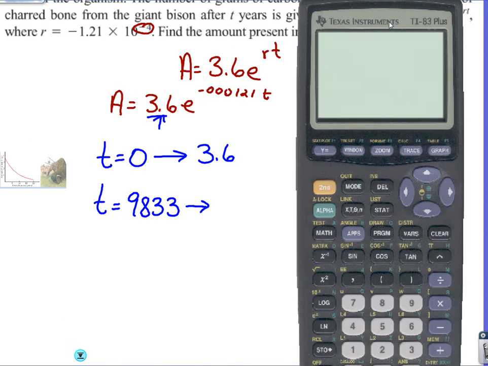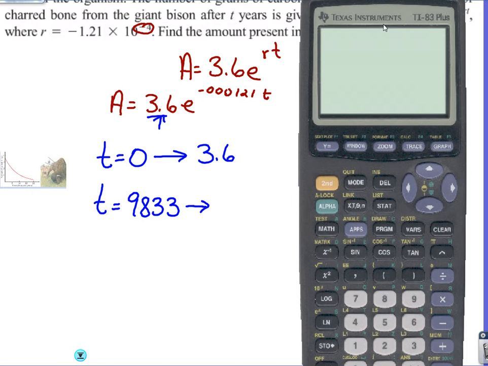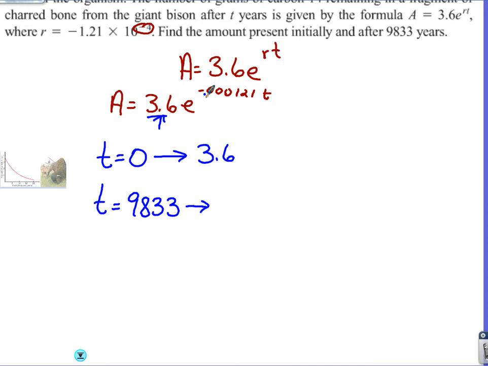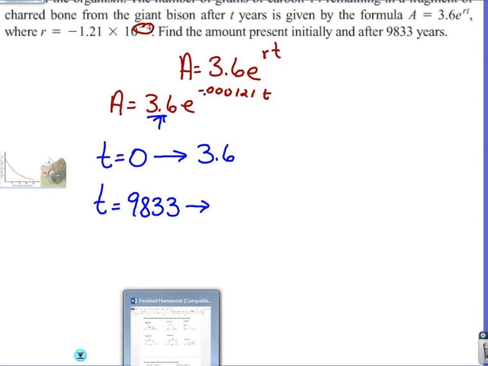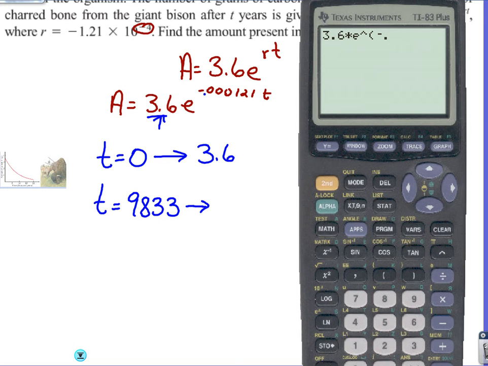So that would be 3.6 times E, to the negative 0.000121 times 9833.